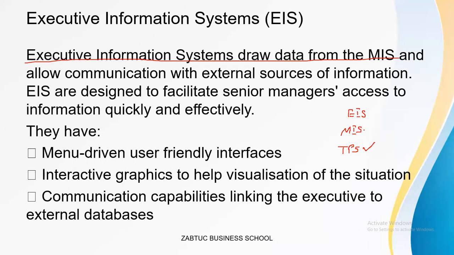This one was for the middle of the organization. Now we're looking at our strategic management, senior management. Executive information systems draw data from MIS and allow communication with external sources. Now people here need external information. So it allows communication with external sources of information. EIS are designed to facilitate senior managers' access to information quickly and effectively.